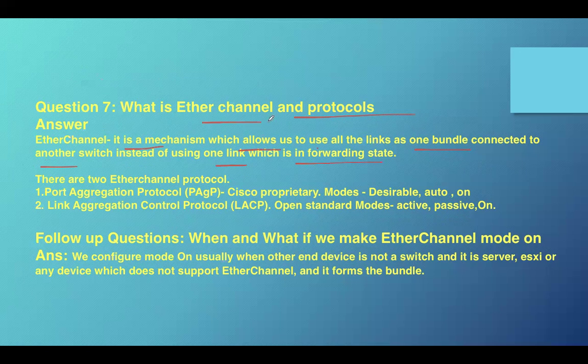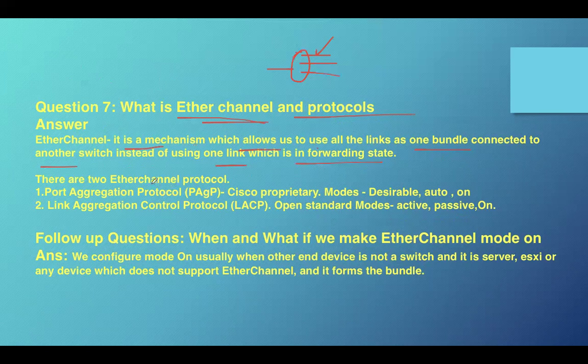So Ether channel basically eliminates that STP limitation, where STP only allows one link to forward the traffic. Ether channel actually bundles multiple links. Let's say we have three links between two switches, right? Obviously one would be forwarding and the remaining two would be blocking. But Ether channel bundles these three links together and makes them one, right?